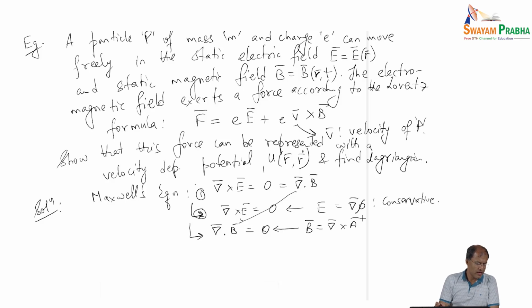So let us now take, for the electric field, we work only with the ordinary potential, right? So for the electric field E of the force, we take the ordinary potential.